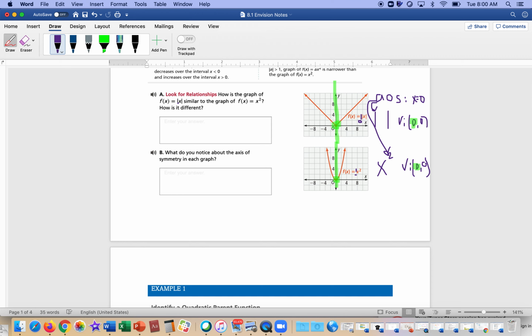So, how are they similar? And how are they different? Again, we can just look over here. They're similar, they have the same vertex. They both open upward. So we can write that. Same vertex.